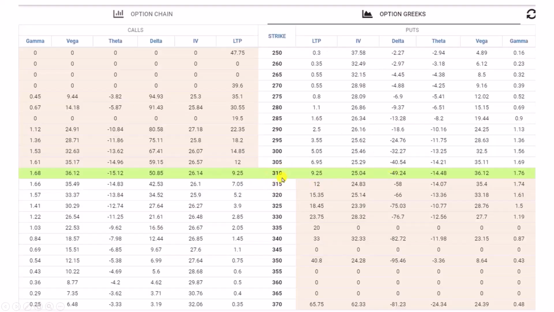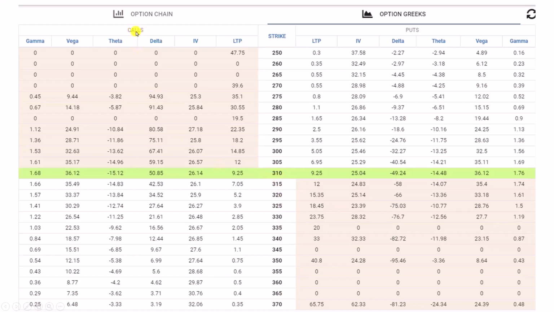So at the money is 310. And you can see that the strike price is in steps of 5. So 310, 315, 320, 325, 330, 335 and so on, and 305, 300, 295, 290, 285, so on. 310 is at the money.